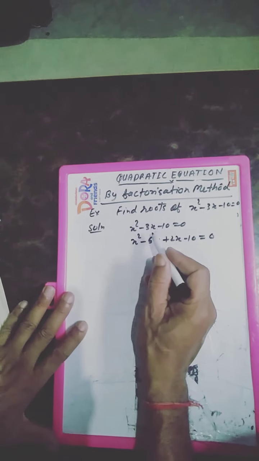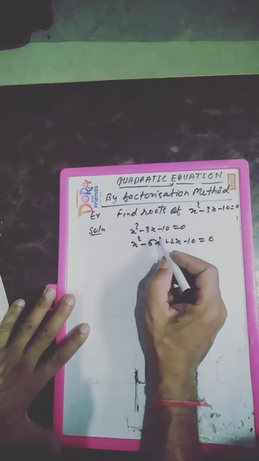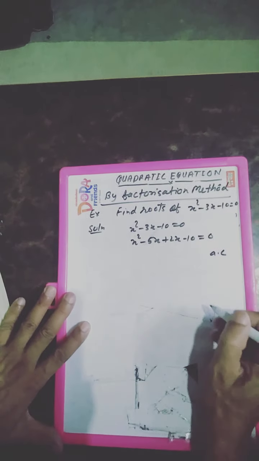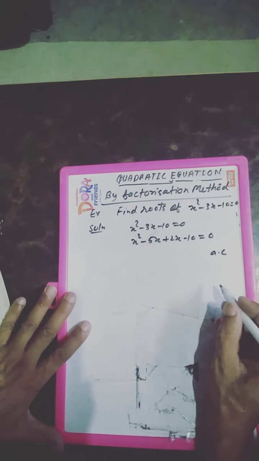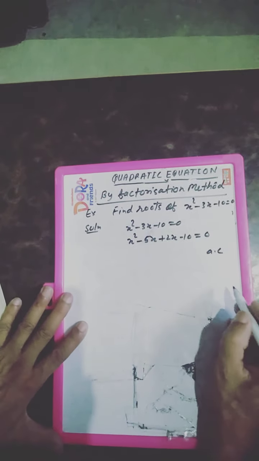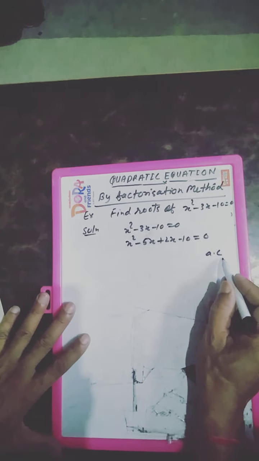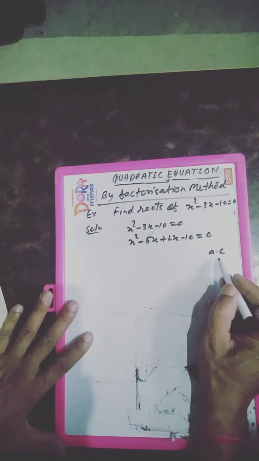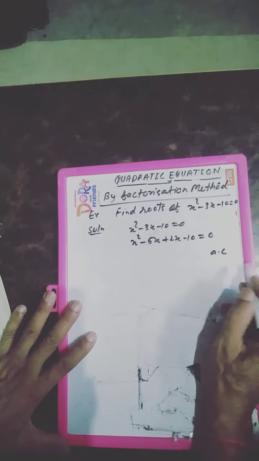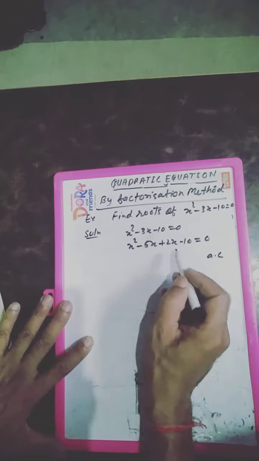So middle term breaking factorization tells us that first you find AC, A into C. What is AC? A is the coefficient of x square and C is the coefficient of x power 0. Then find two factors of AC in such a way that their sum is B and their product is AC. That's why we are breaking minus 3 like this.